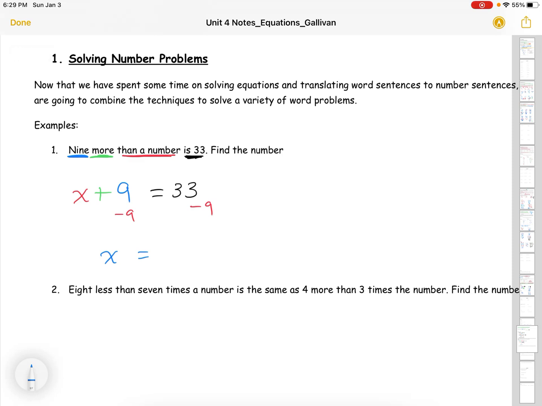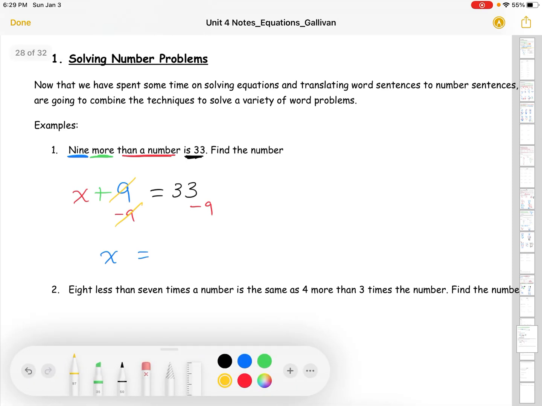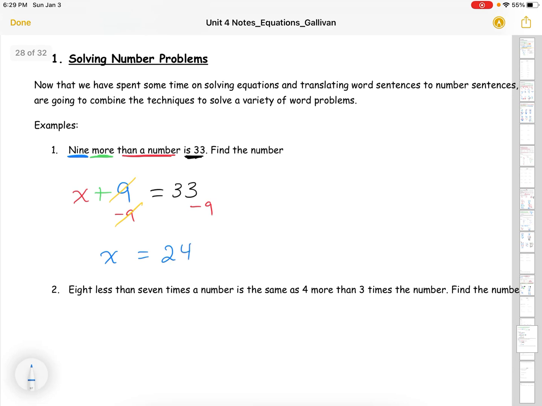So we're going to get x is equal to 33 minus 9, because that will cancel out. So 33 minus 9 is 24. Okay, therefore, the number is 24. I think I said 34, but I wrote 24 down, and that is correct.